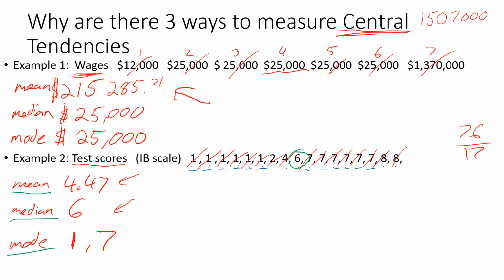Now, if we got a result like this, where 6 people get 1s and 6 people get 7s, what this would tell the teacher is that this mode is the important information. It's saying essentially half your class is understanding it and the other half is not understanding it.